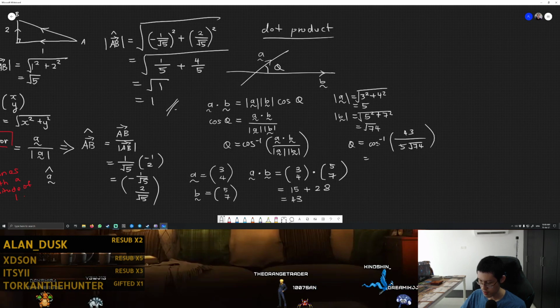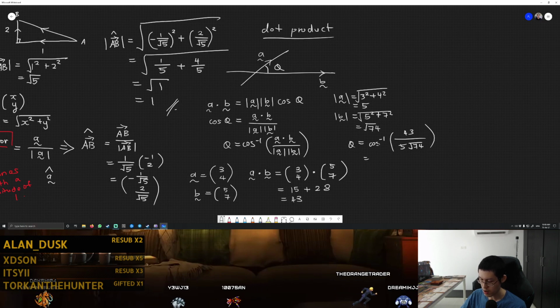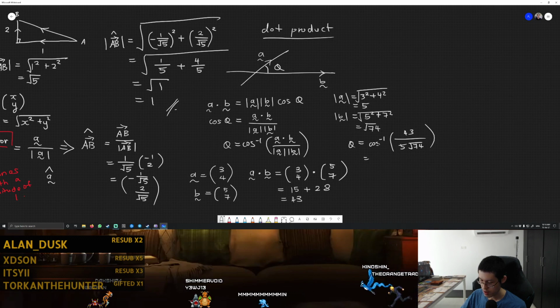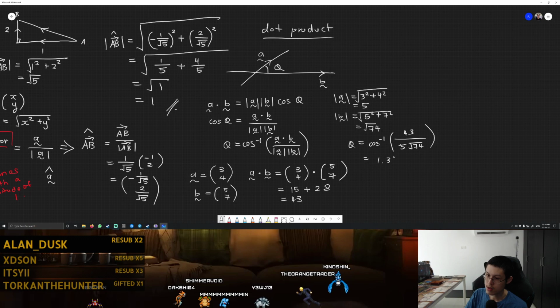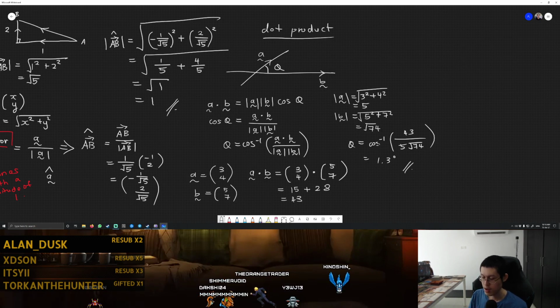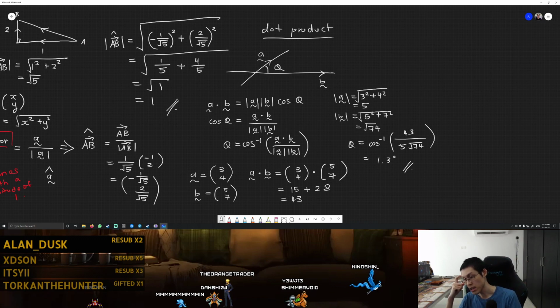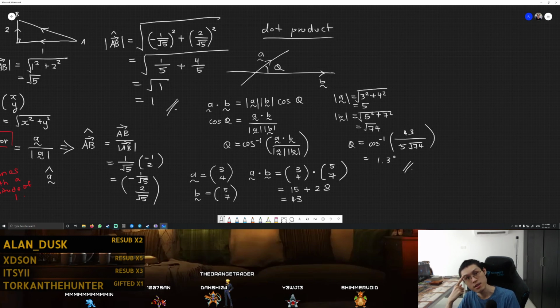So arc cos of that. Wait a minute, what is going on? The arc cos of that. Okay, yeah. So we get 1.3 degrees. There you go. So that's how you find the angle between two vectors using the dot product.